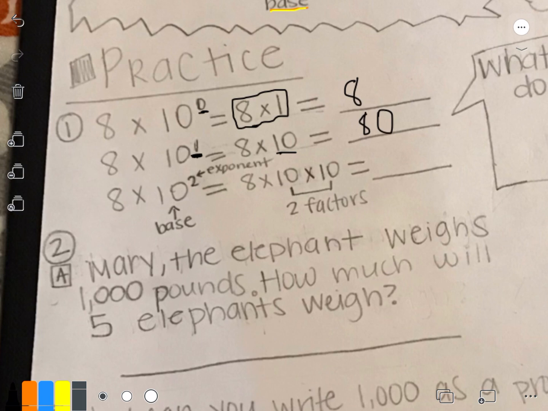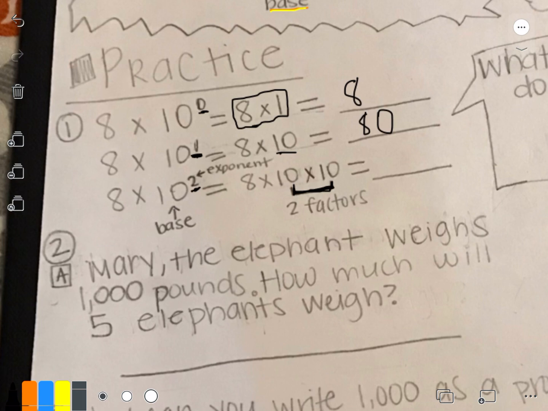8 times 10 to the second power. Okay, so that tells me I should have 2 10s, and I've written that out right there for you, 2 10s. So you have 8 times 10 times 10.